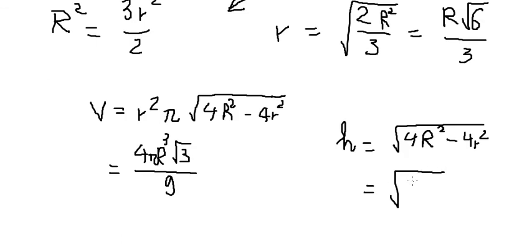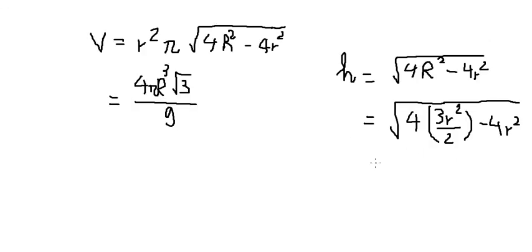And you will get 4 multiplied with 3R squared over 2 minus 4r squared, and we got r multiplied with the square root of number 2.